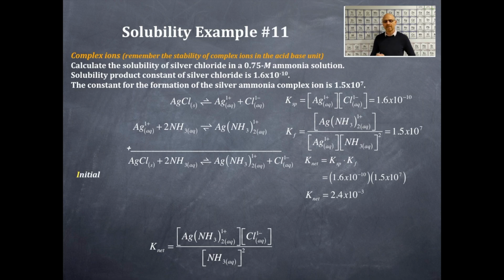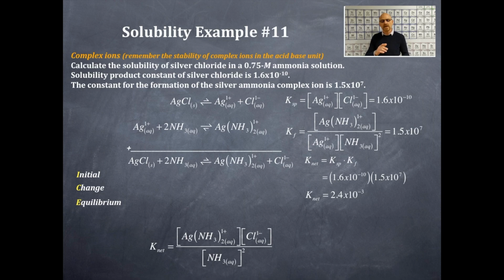Okay? I want you to notice one thing about this here before I continue on and do this ice table here that I just put up there. And that is, I want you to notice that the sum of these two reactions has made a more product-favored reaction than just having the silver chloride, as being a very reactant-favored reaction, combining it with a product-favored reaction.